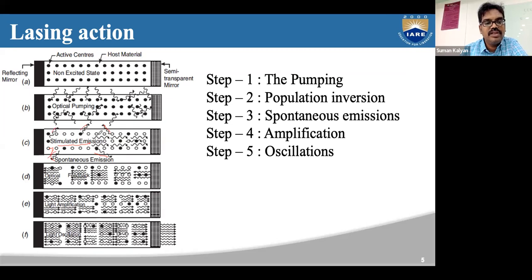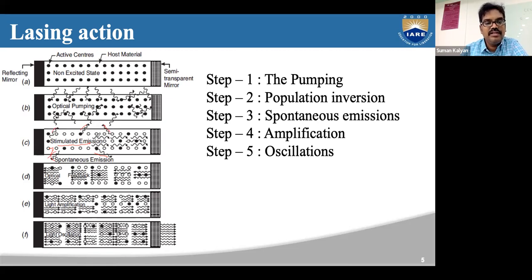The photons are moving on their own. The photons are emitted because the atoms move to the lower energy level on their own. So that's why they are in different directions.